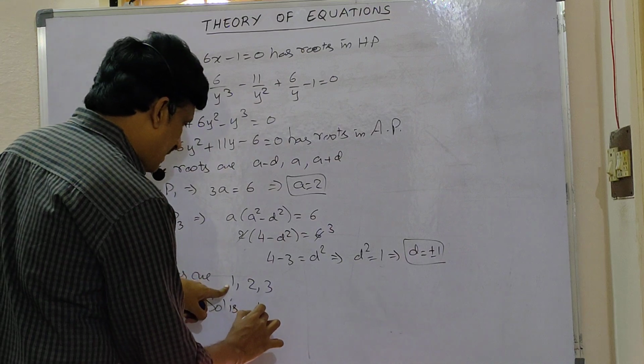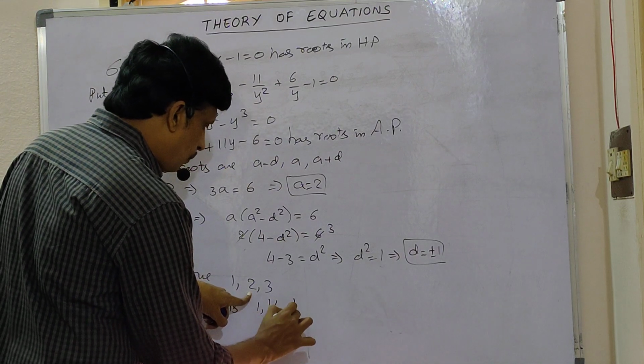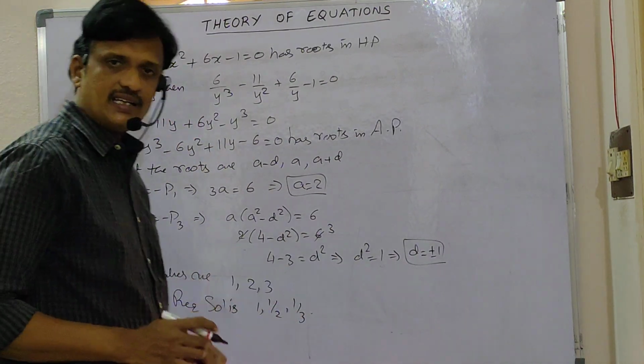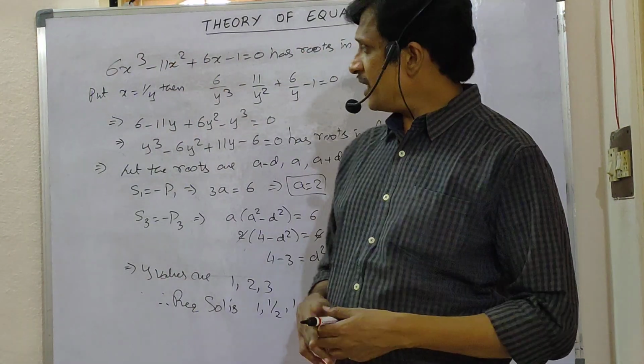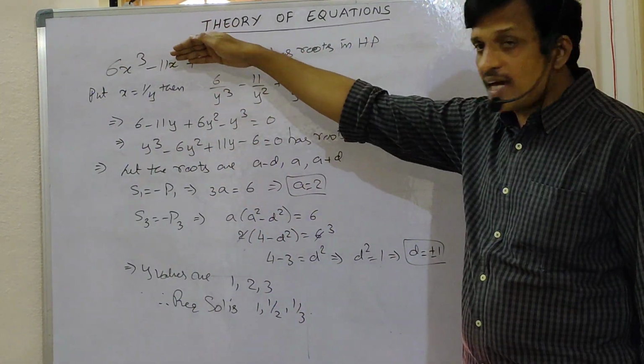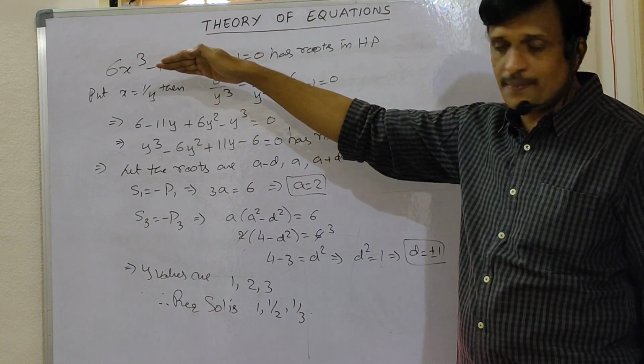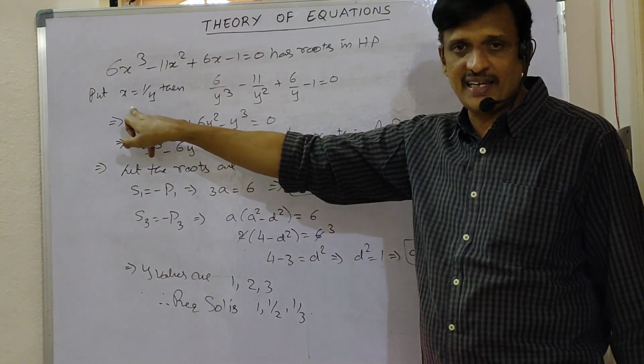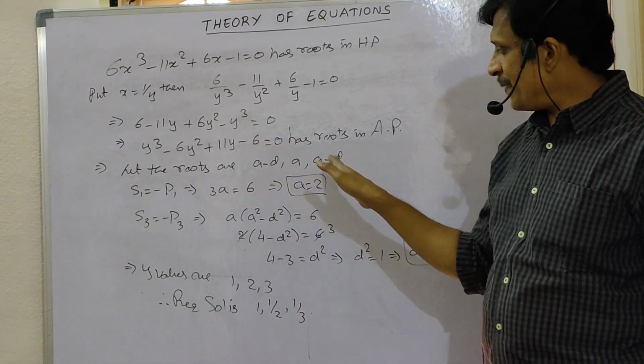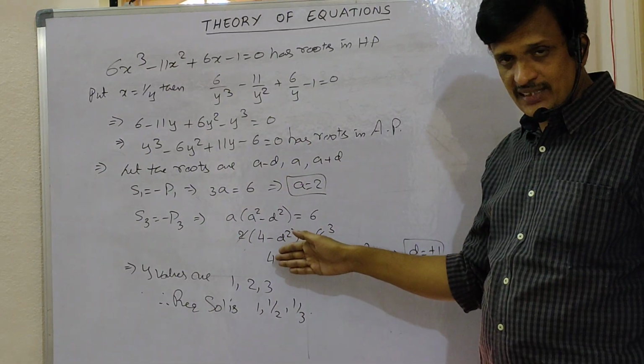So 1 by 1 is 1, 1 by 2, 1 by 3. These are in harmonic progression, because the x values are in HP means their reciprocals 1 by x, which is represented by y, values are in AP.